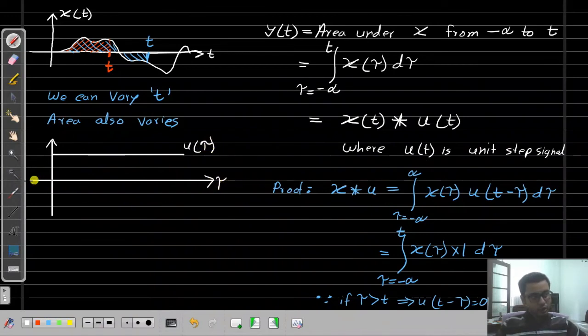It is 0 here and 1 here. Now to get u(minus tau), you may just flip it like this. This is u(minus tau), and then to get u(t minus tau), you have to shift it towards the right, so that will look like this.